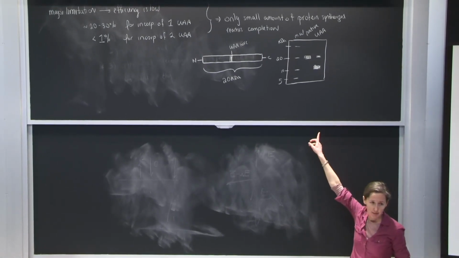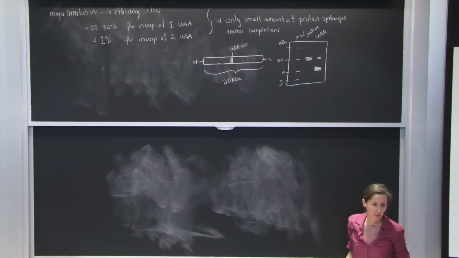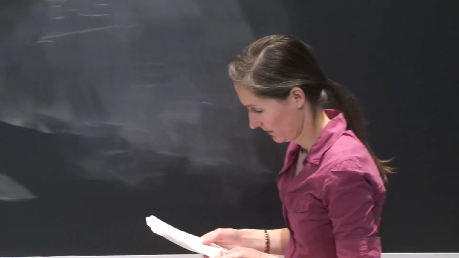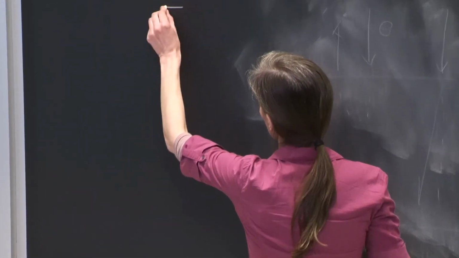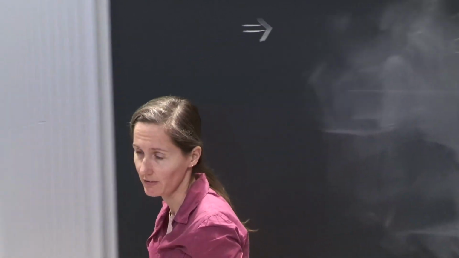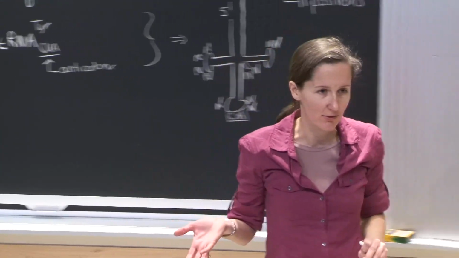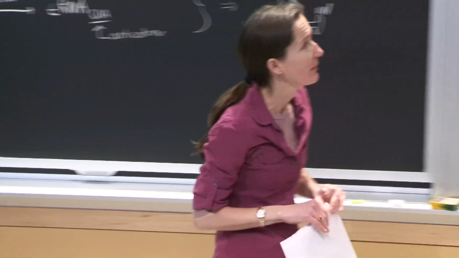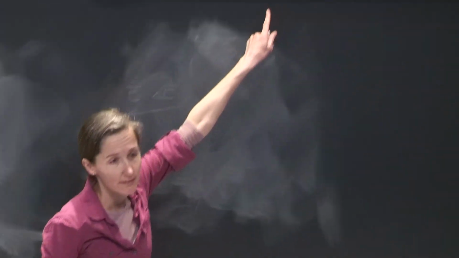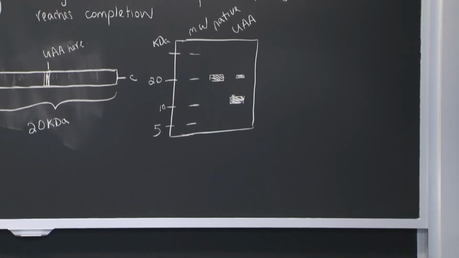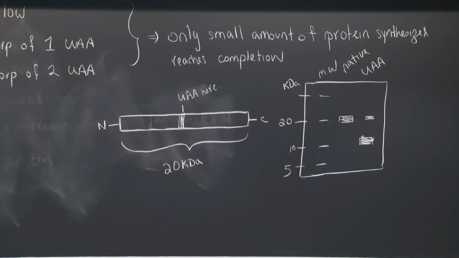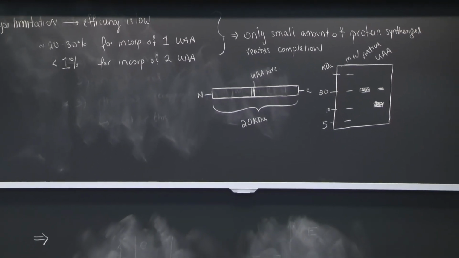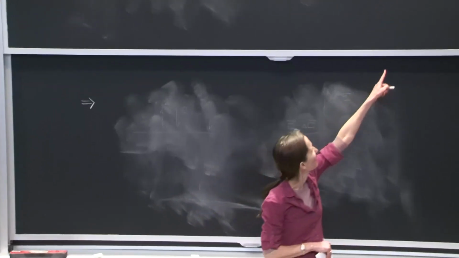First of all, why do you look at the native one? Right, effectively, you want some positive control, because if you can't express your polypeptide with the native sequence, you're not going to want to go try to stick in an unnatural amino acid, right? There's a problem. So that's your positive control. So we see in this make-believe gel, there's one band at 20 kilodaltons, which is the size of that. If that ever happens to you, you've had an instant gratification protein prep. So what about this lane with the unnatural amino acid?